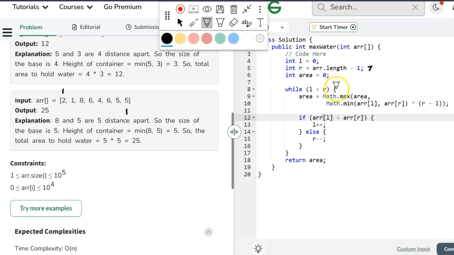Now, while left is less than right, we're going to compute the area. The area is going to be the minimum of these two vertical lines, which is, in this case, the 2.